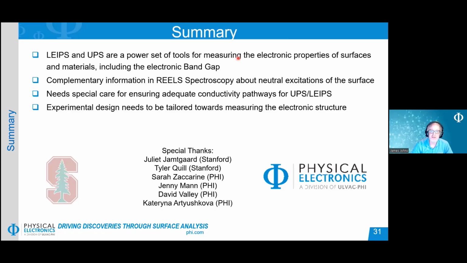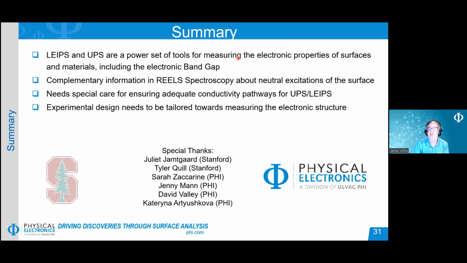Special care needs to be taken when you're doing a UPS and LEIPS experiment that you have enough conductivity that the current going through your sample has a way to pass through without charging your sample and giving you erroneous results.